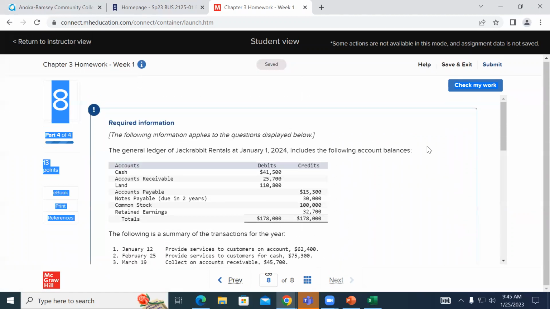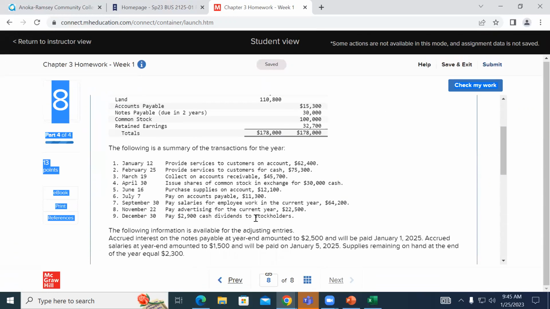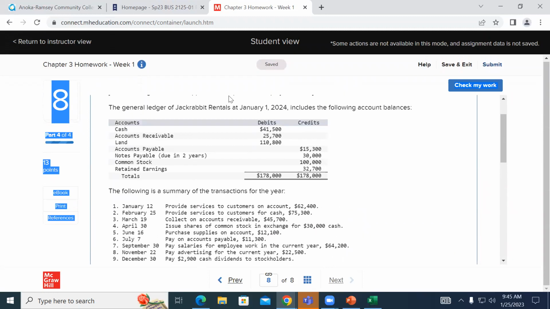So what you'll do here is we have the balance at the beginning of the year. We know these transactions are taking place. So for example, with cash, we know what we started with. And then we look at the various transactions that affected cash. Okay.